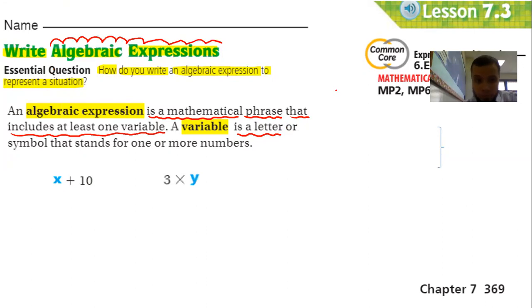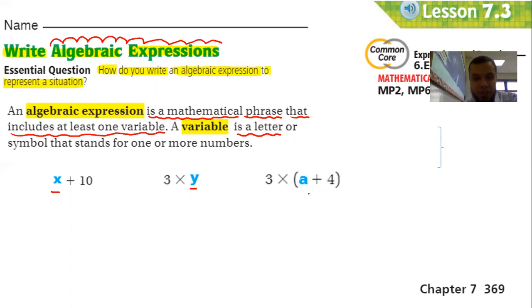3 multiply y. This is an algebraic expression. It includes at least one variable, one letter like x. Here, it's a variable, one letter in this expression. 3 multiply y. 3 multiply a plus 4.